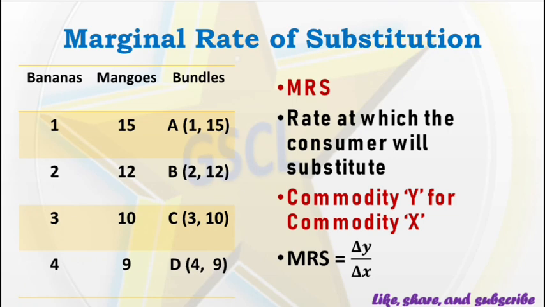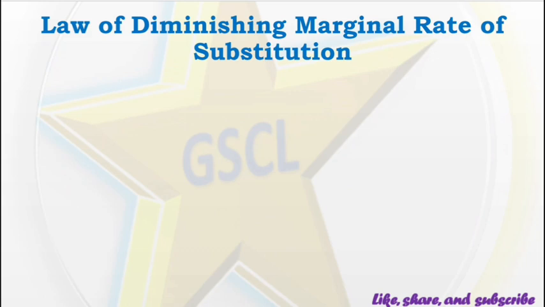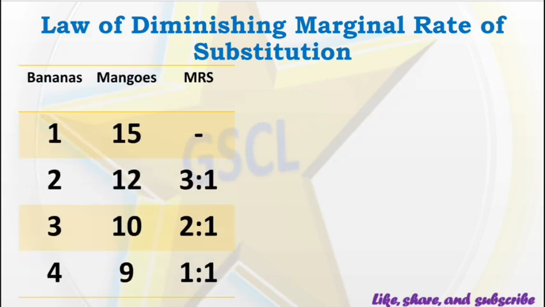In other words, it is actually the ratio of change in consumption of commodity Y and commodity X. Consider the example. If Y means mangoes and X means bananas, at situation 2, marginal rate of substitution is 3:1.